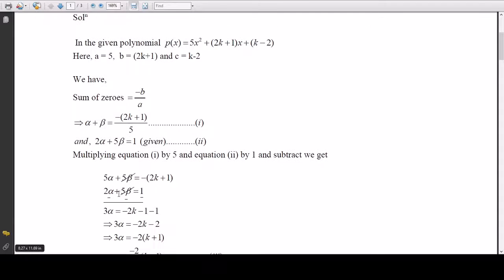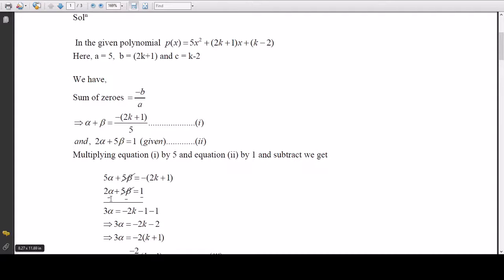You'll get 5 alpha plus 5 beta minus (2k plus 1), since 5 multiplied by 5 in the denominator cancels, equal to 2 alpha plus 5 beta equal 1.